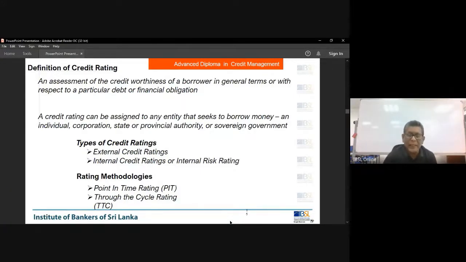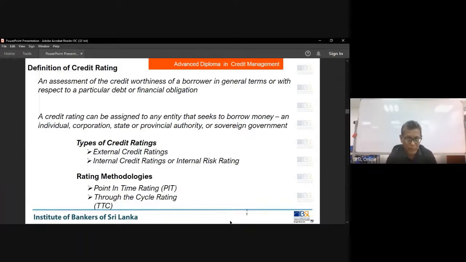What is that rating organization? Are you aware? Lanka Rating. Yeah, I think so. Right, Lanka Rating. So from September, banks can obtain ratings from them also.